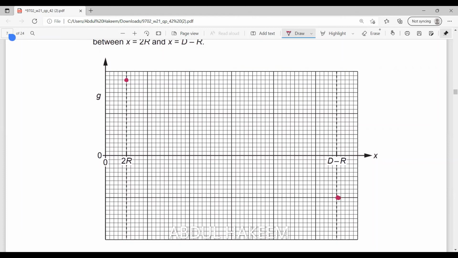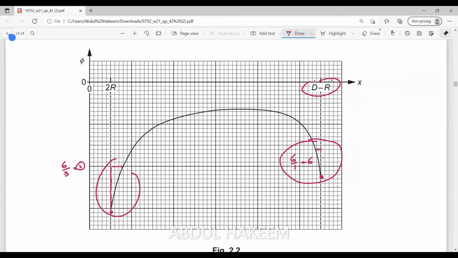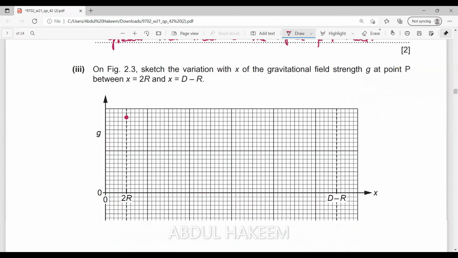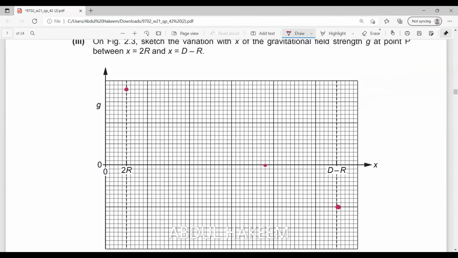So suppose at the moon this is the value. And somewhere close to the surface of the moon, the resultant g will be 0. And here is the point where it is 0. We have to sketch this. So the gravitational field strength is decreasing. The resultant g becomes 0 at this point, and then it increases. There is no need to draw the g graph inside the planet. So this is the graph.